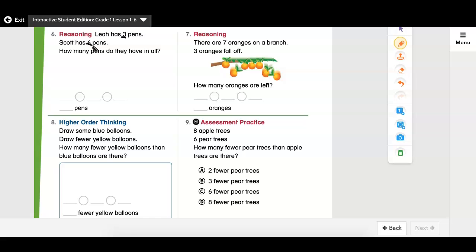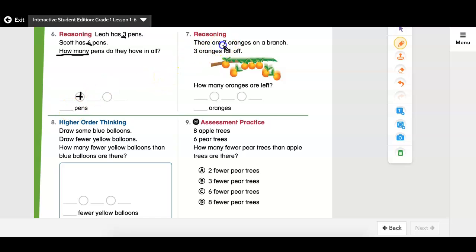So when I say how many pens, that means I'm going to be using addition for this problem. So if Leah has 3 pens and Scott has 6 pens, how many pens do they have all together? And it wants you to write that addition equation down here and your answer in the blank.